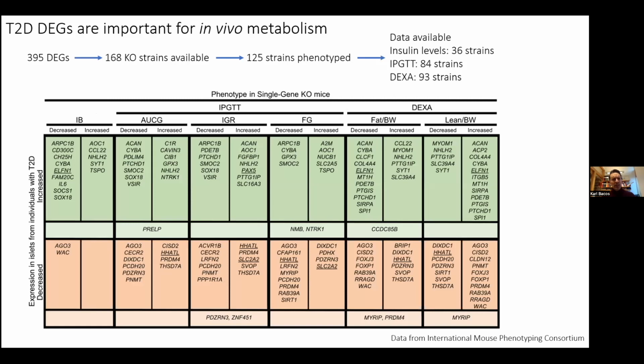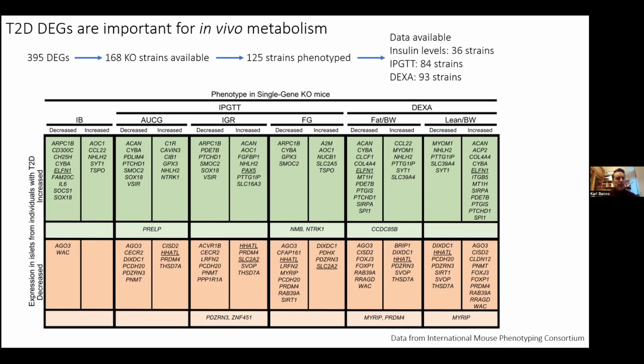This is a busy slide, but I will try to explain. This is data from the International Mouse Phenotyping Consortium. We wanted to see if the genes we identified have been found to be important for regulating in vivo metabolism. And this database collects data on knockout mice.